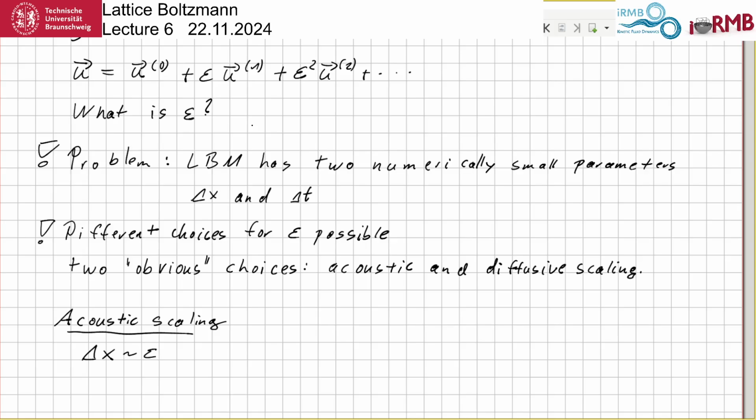You say delta x is proportional to epsilon, and you say that delta t is also proportional to epsilon. So you scale both in the same way. This obviously leads to this thing, which will turn out to be a problem, that delta x divided by delta t, which is the lattice speed, is constant.